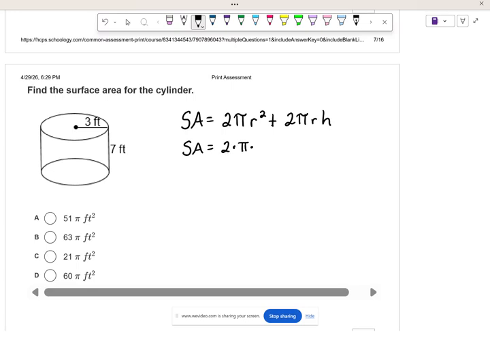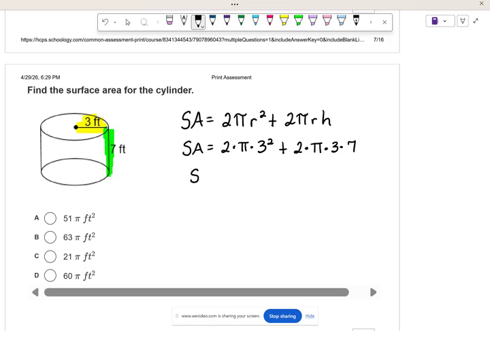All right, so let's go find the radius. The radius is 3. So plug it in and don't forget your square. Okay, let's finish it up. 2 pi times the radius, which is still 3, times the height. The height is 7.